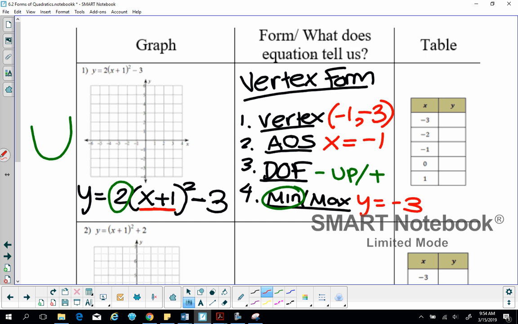You're putting it right into table on your calculator, and I want you to fill out the table that's right here.